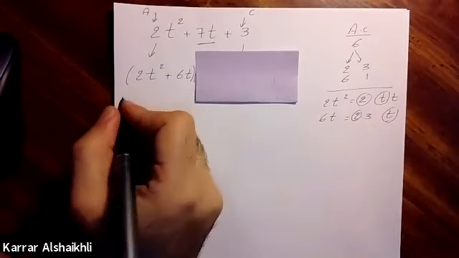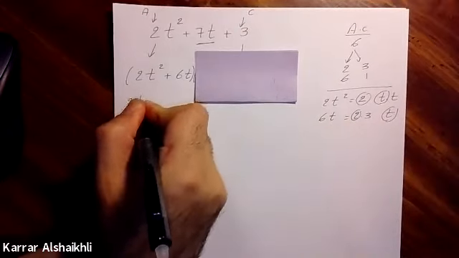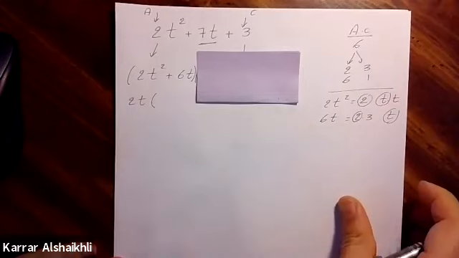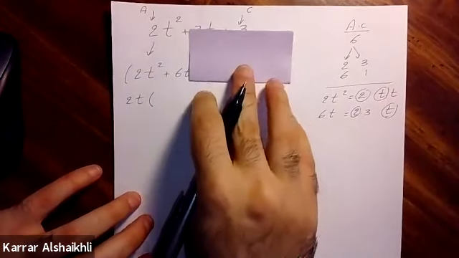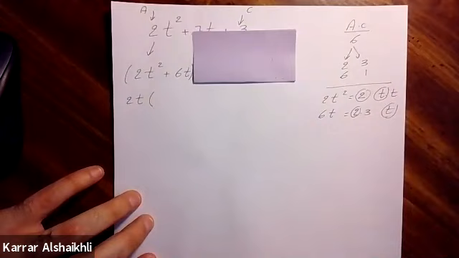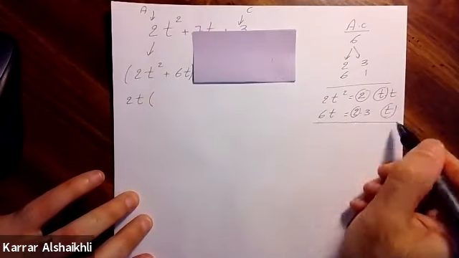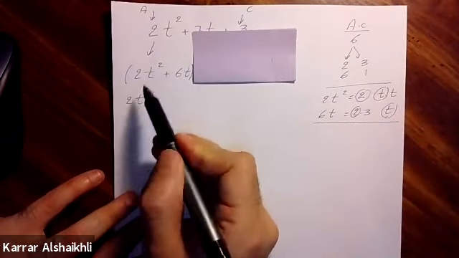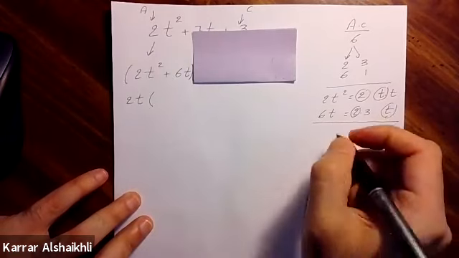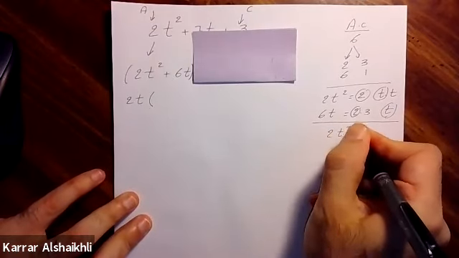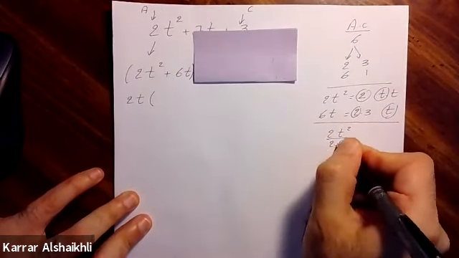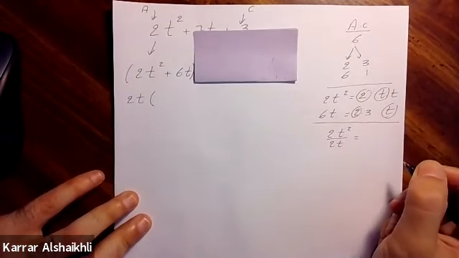So I'm going to write down here 2t, open parentheses. We're going to write down the leftover here. We're going to divide. 2t squared divided by 2t. How much is going to be?